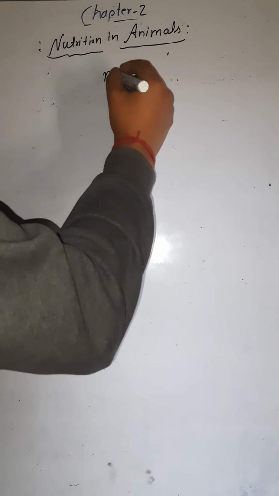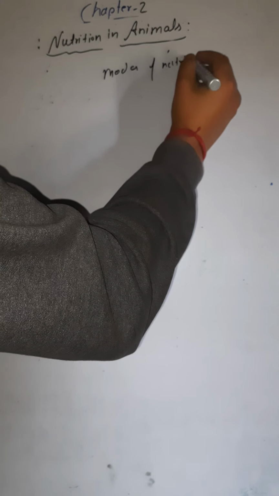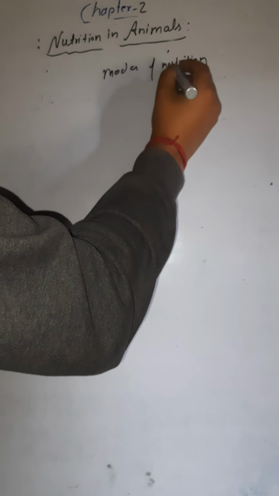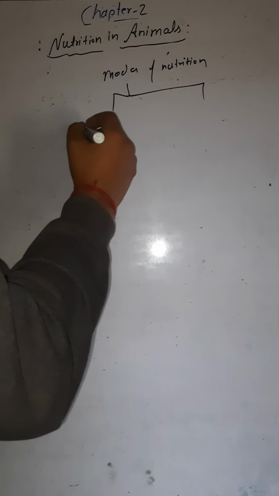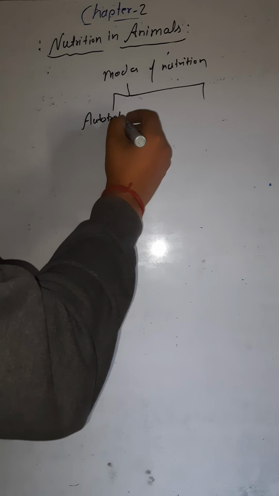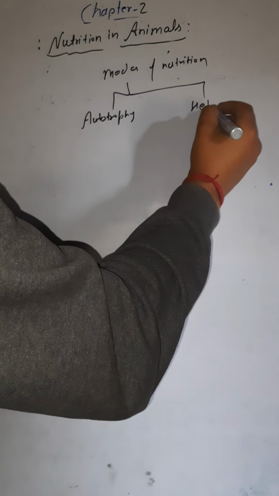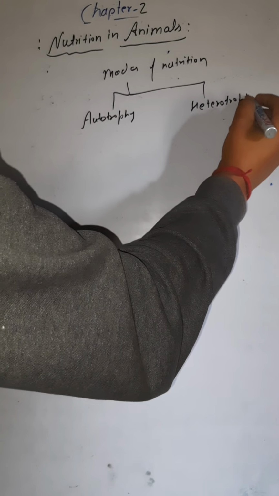If you see the modes of nutrition, basically we have seen two modes of nutrition in the previous chapter. First one was autotrophy, and second one was heterotrophy.